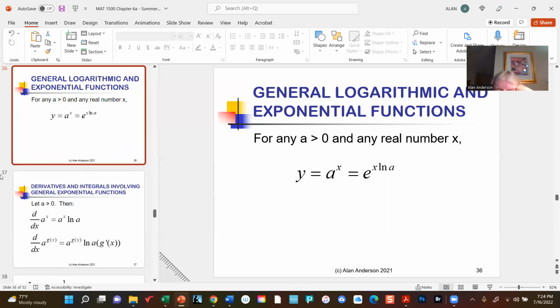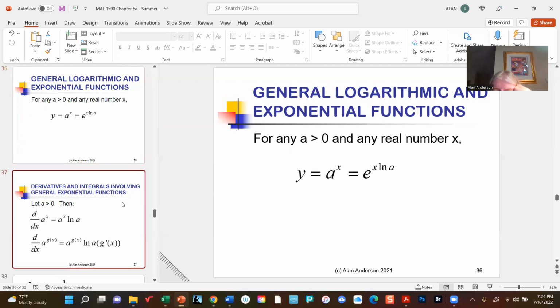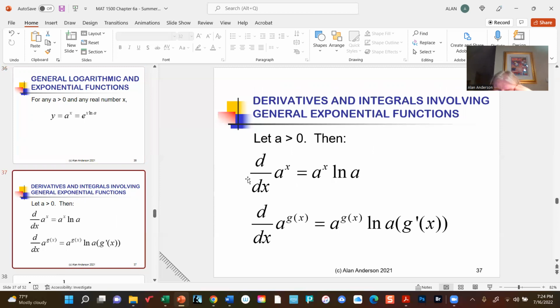Okay. Then there's more. Let's take a look at some of these others. The derivative of a to the x is a to the x log a. Okay. And that log a is there because the base is not e. If it had been d dx of e to the x, as you know, it would simply be e to the x. So the fact that this is not e to the x, but a to the x means we need this log a.